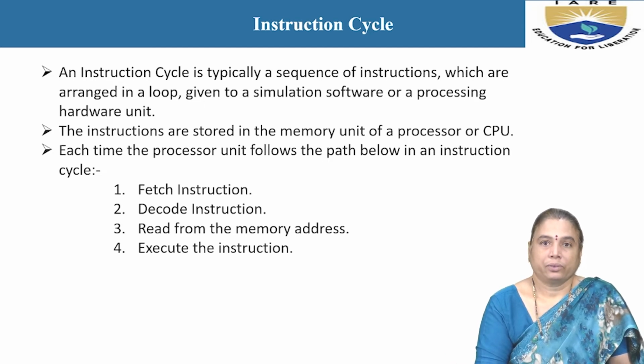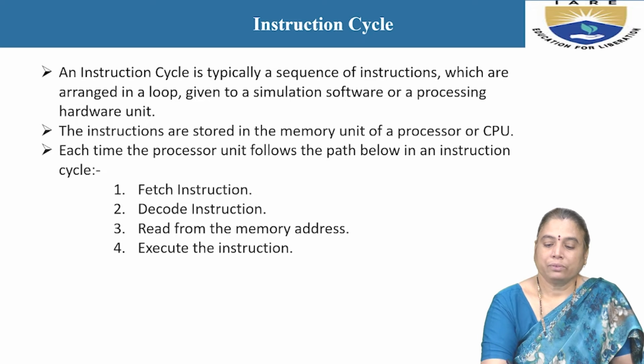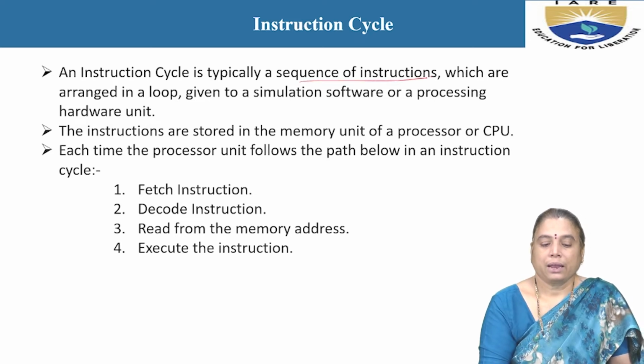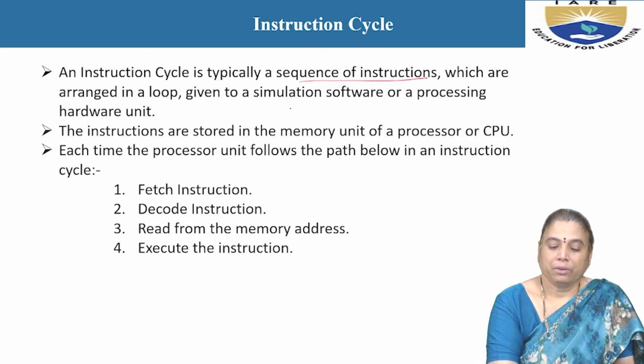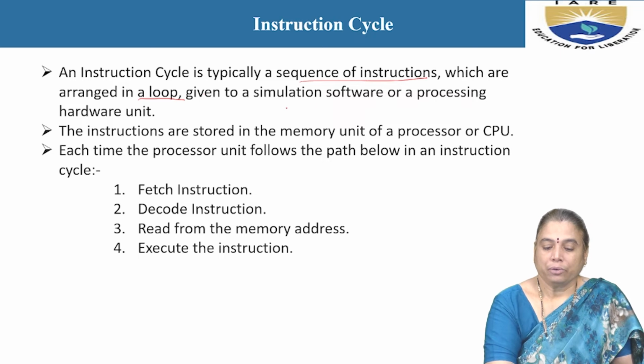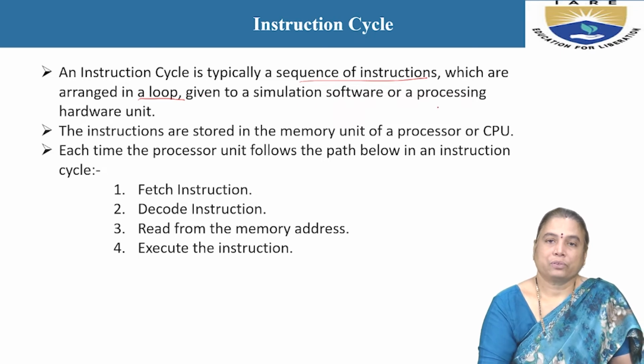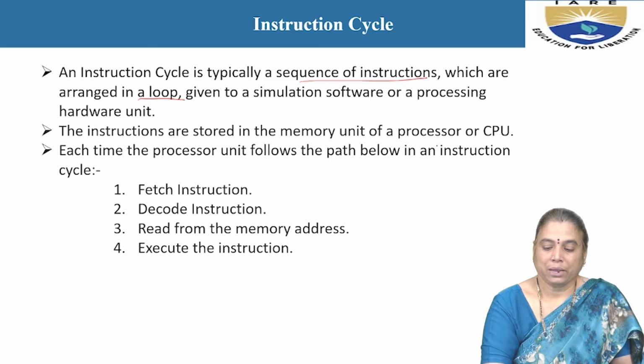What is an instruction cycle? An instruction cycle is typically a sequence of instructions arranged in a loop, given to a simulation software or processing hardware unit. The instructions are stored in the memory unit of the processor or CPU.